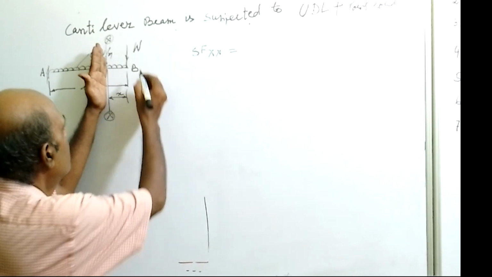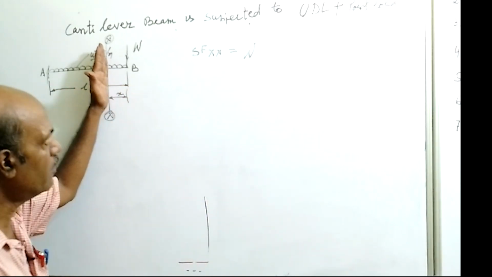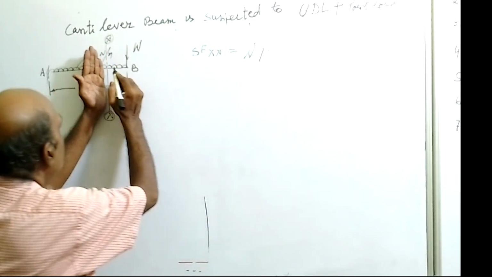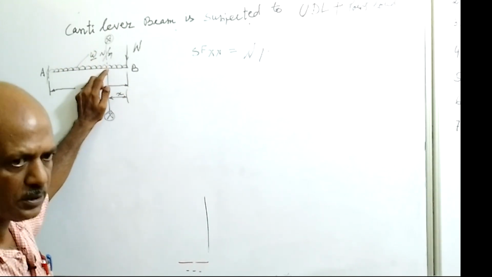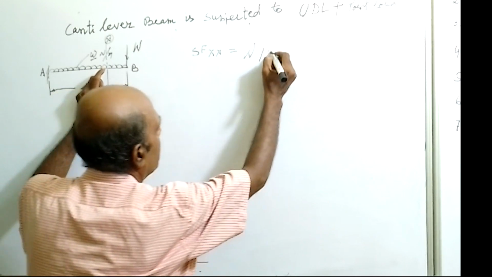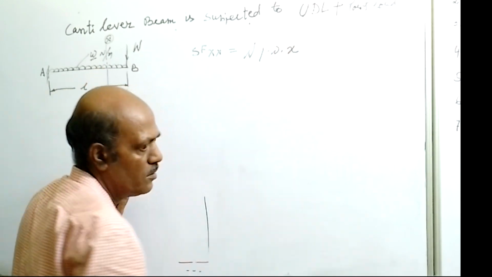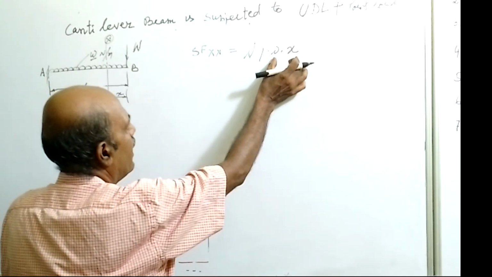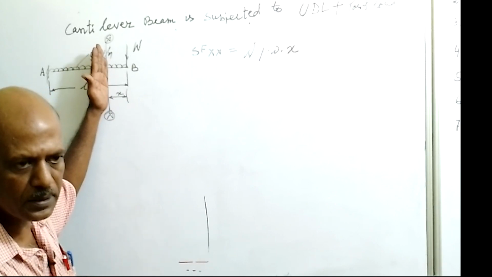So first capital W load is acting at the right side of the section, plus this uniformly distributed load is acting. The value of this uniformly distributed load is small w for x length, so small w into x. This is the UDL part and this is the point load, the total vertical load acting on the right side of the section.